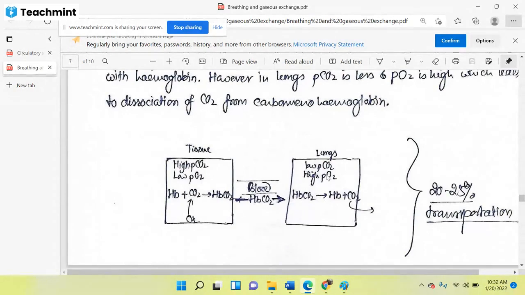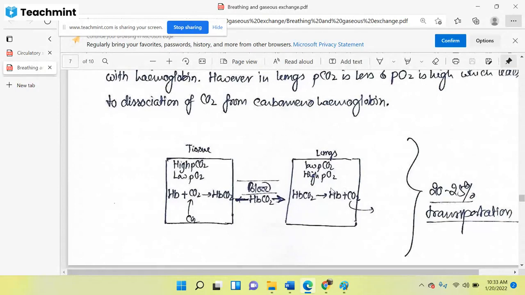Just because of this condition: partial pressure of carbon dioxide is low and partial pressure of oxygen is high. So in the alveoli of the lung, the concentration of carbon dioxide is low and the concentration of oxygen is very high. This promotes the unbinding and dissociation of carbon dioxide from the hemoglobin.